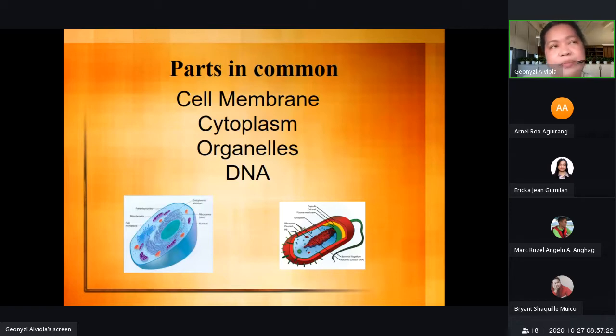DNA, yes, but in terms of structure of DNA, eukaryotes have double helix, while in prokaryotes, circular and linear. It is not double helix. It is a single DNA, and both of them are made up of DNA.